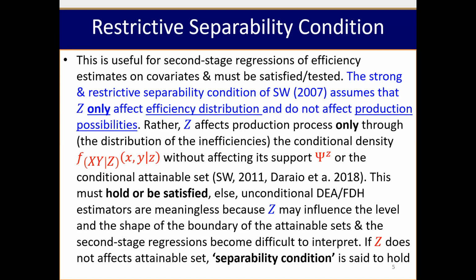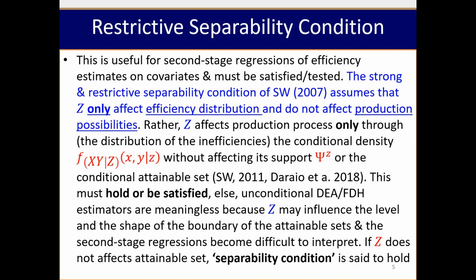So in order for you to do the second stage, the separability condition must hold or must be satisfied, else DEA or FDH or MEA, I must say that, FDH is free disposal hull. Most of you don't use it, but it is very nice as well. In fact, certain situations have even proven that FDH is sometimes nicer than DEA.